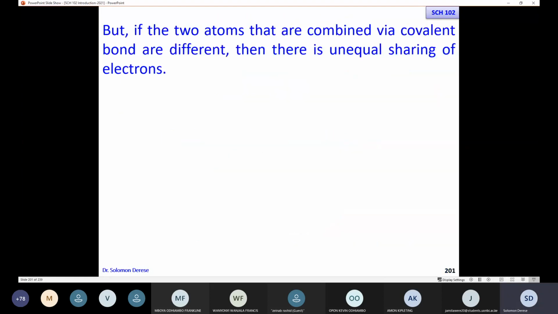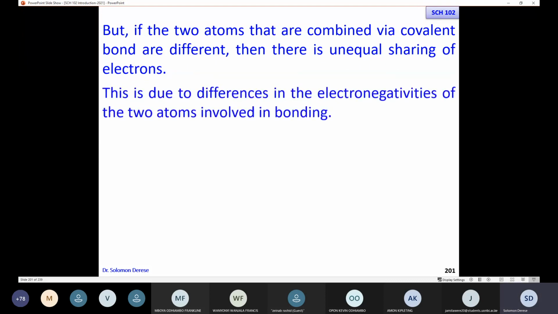However, most chemical bonds are between two elements that are not the same. So if the two atoms that are combined through covalent bonding are different, then there will be an unequal sharing of electrons. One of the elements will have a larger share of the electrons than the other.